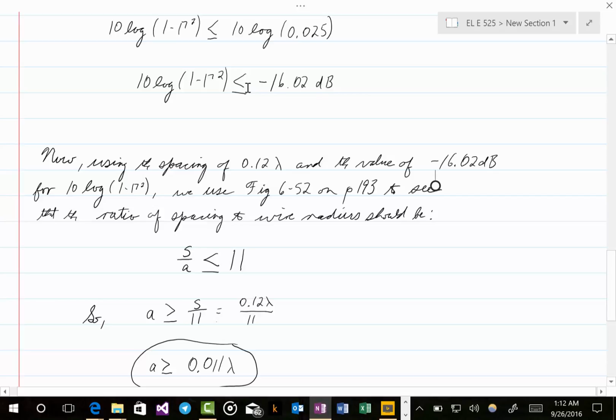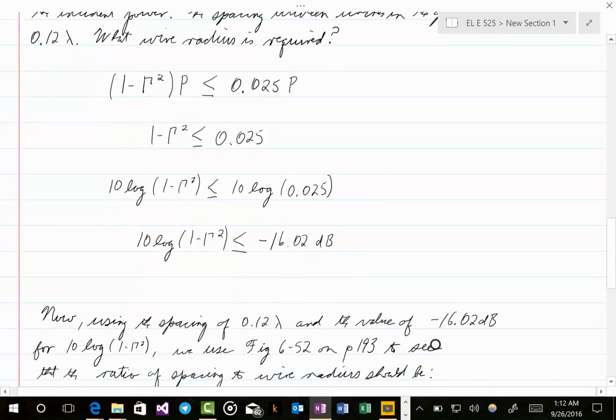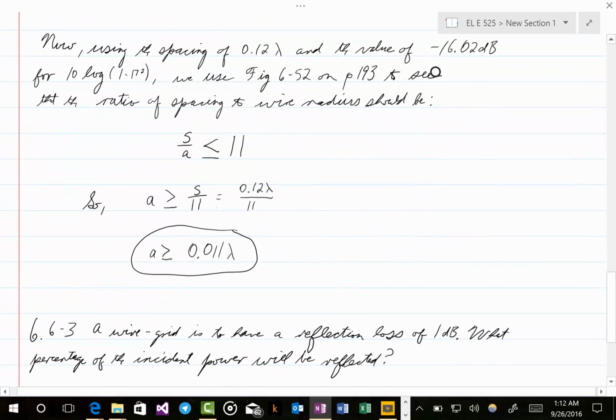If they had specified in the problem, instead of saying not more than 2.5%, if they had said exactly 2.5%, then all of these less than or equal to signs would be equalities. But since they said not more than that, that implies that less than or equal to is acceptable, and so that's why I've carried that through this problem.